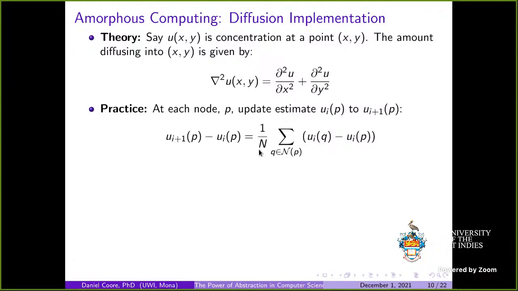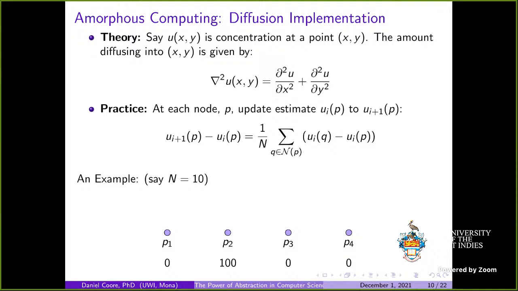You need some number to scale it down by, because you don't want to be changing amounts by too much. But whatever that sum is, once scaled, is how much you should change your estimate by. If you do that, you'll in some way be simulating that diffusive process. There are a few more important details that go along with that, but that's not terribly important right now.